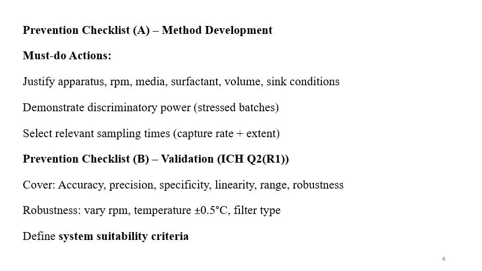Prevention of the queries. So first is method development. What actions are we required to do, what are the activities to be completed to avoid the regulatory queries? First is justify the apparatus. Your apparatus selection should be proper and as per the formulation design and as per the regulatory requirements.